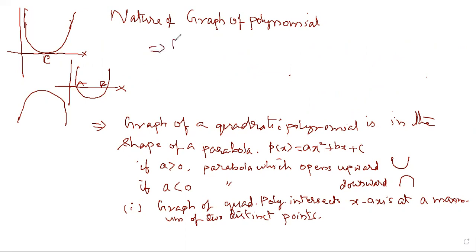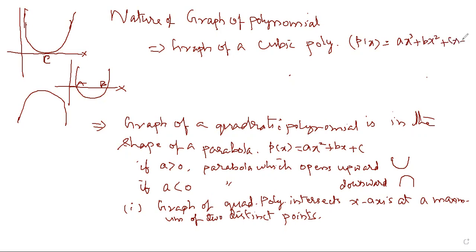A cubic polynomial is written as ax cube plus bx square plus cx plus d.